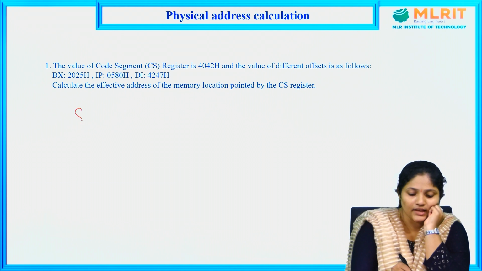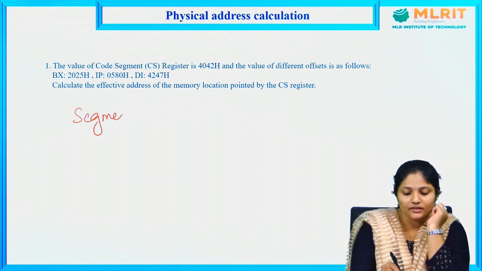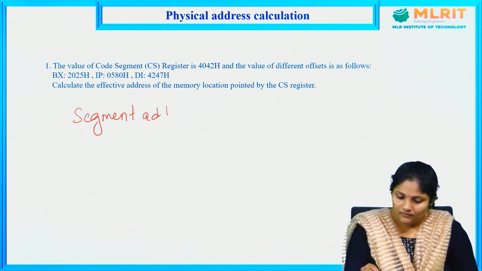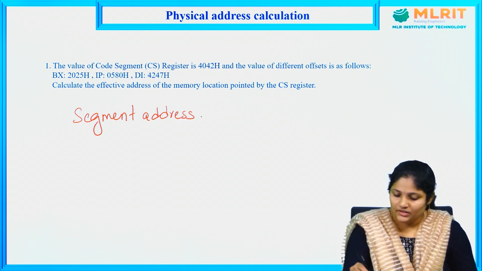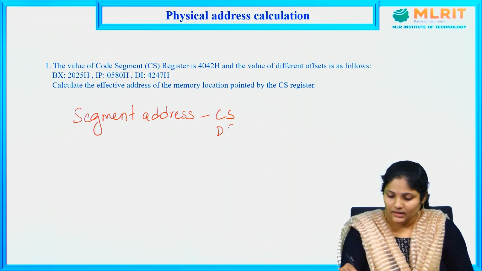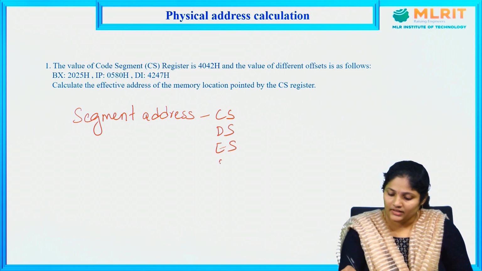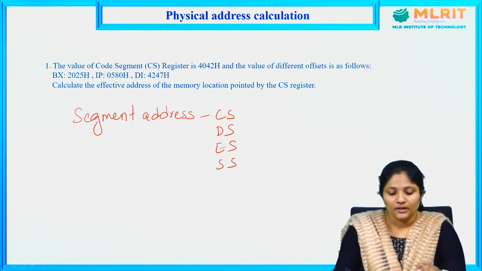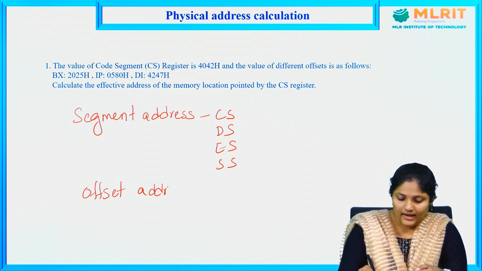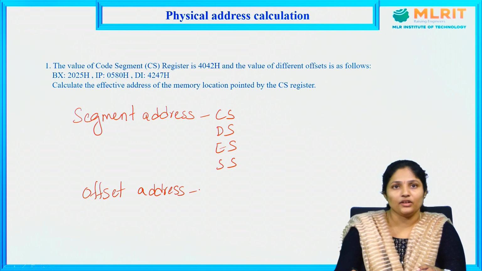One is the segment address, which is present in the segment registers: code segment, data segment, extra segment or stack segment. Along with this, it is necessary to have the offset address, the exact location.